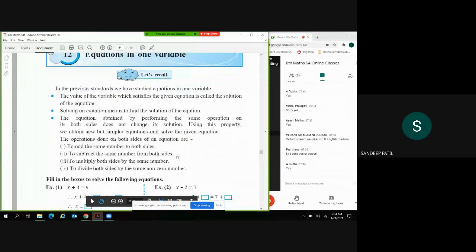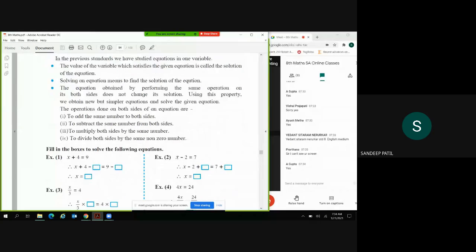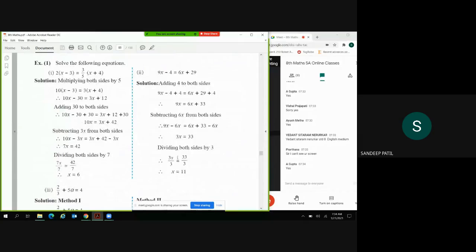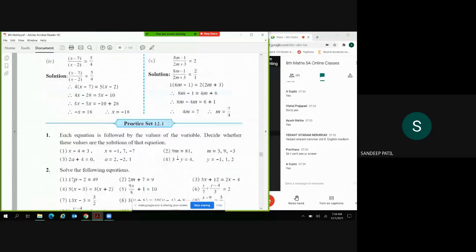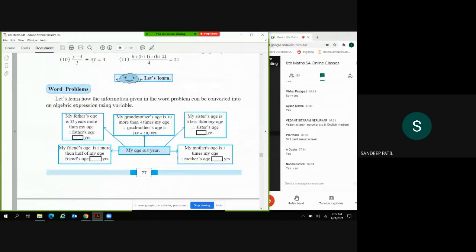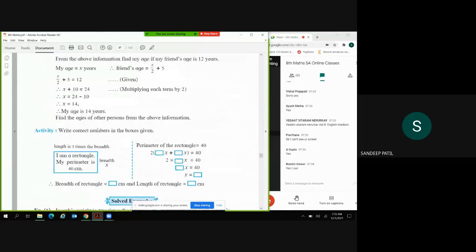So last time we left off with equations in one variable. हमने देखा था कि कैसे one variable से different sum solve किए थे, and we tried to work on the word problems also, right?